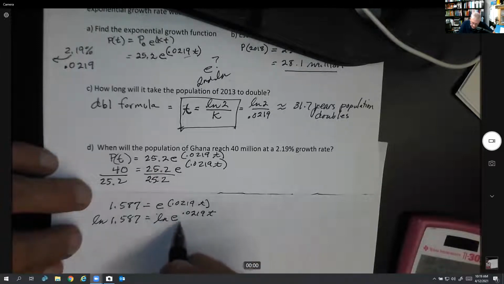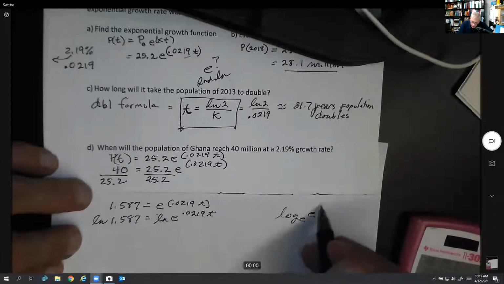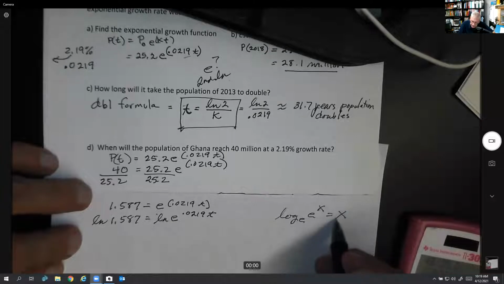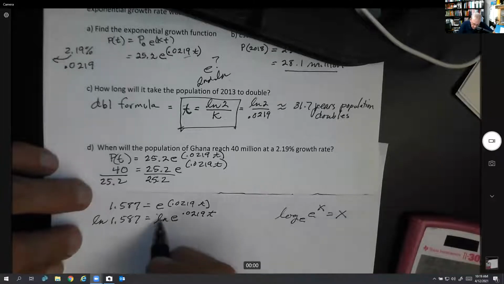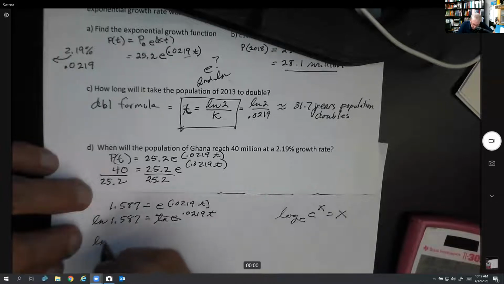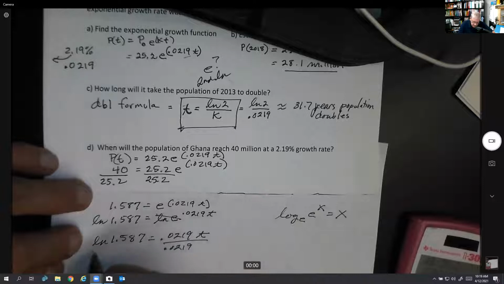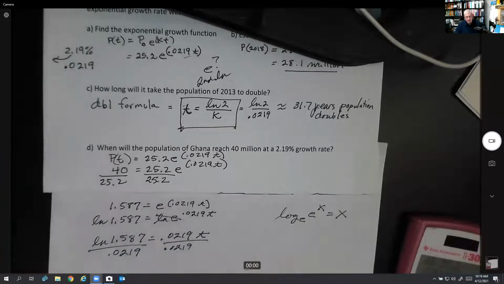It's log base e of e will equal your exponent. So natural log of e cancels out and we get ln 1.587 equals 0.0219 t. So if I divide both sides by the 0.0219, I'm going to get my answer.